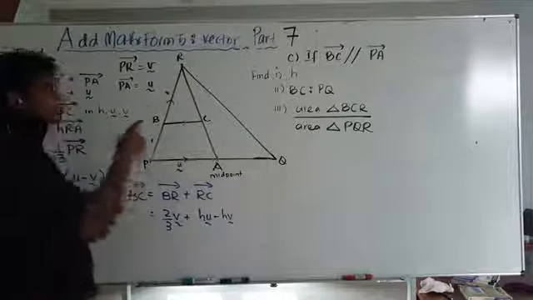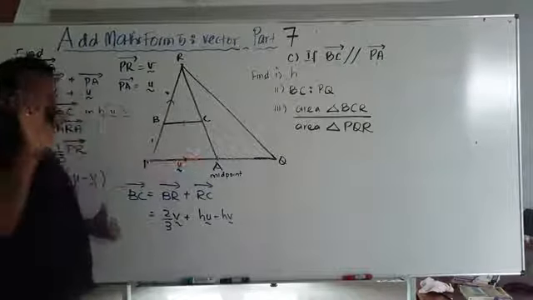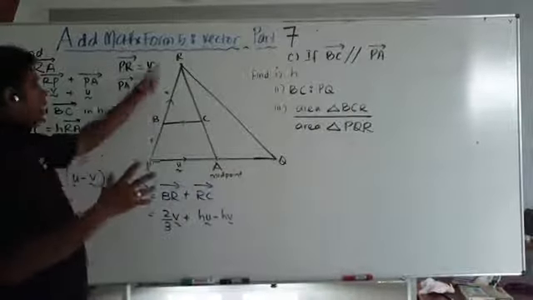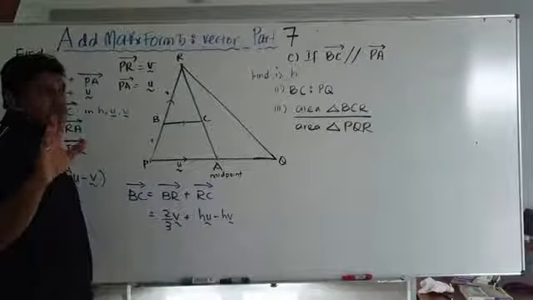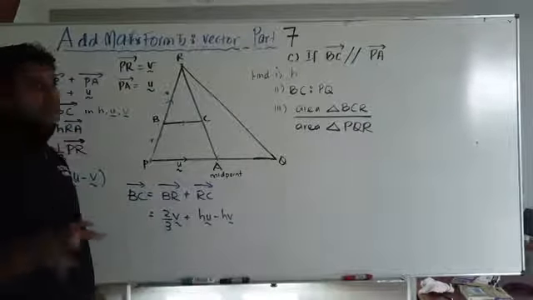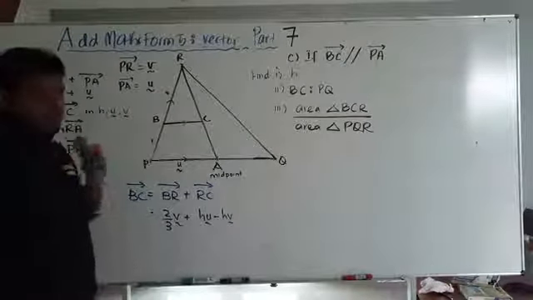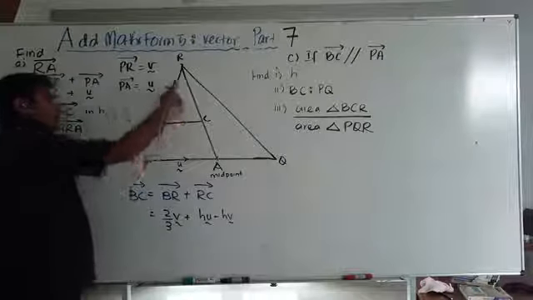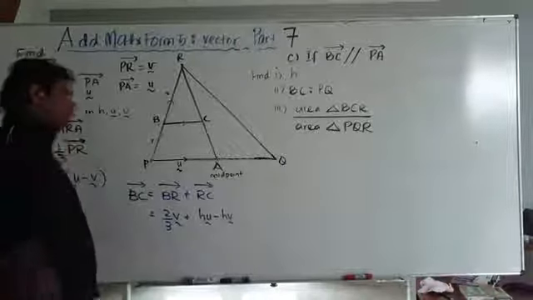So in other words, because the triangle is similar, similar means what? All angles are the same, but the size is different. That's the meaning of similar. In this case, this small triangle and the big triangle are similar. Angles the same, but size not the same.